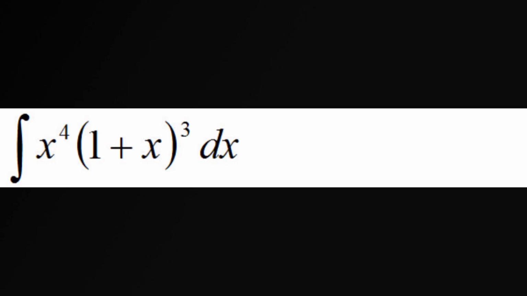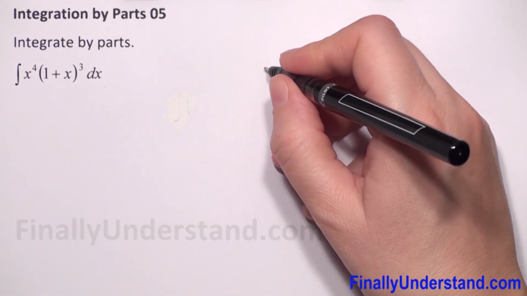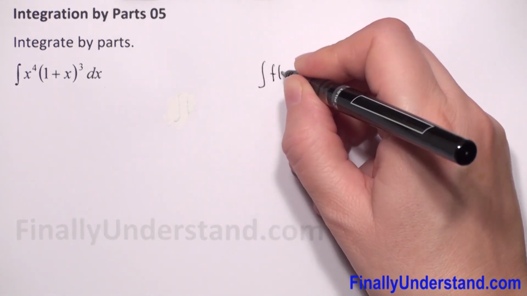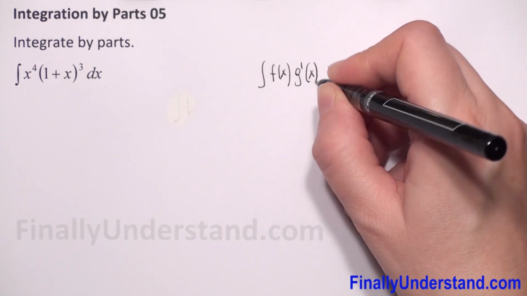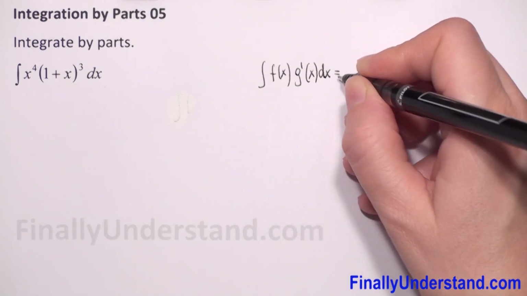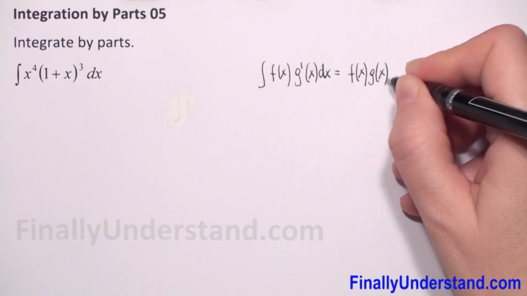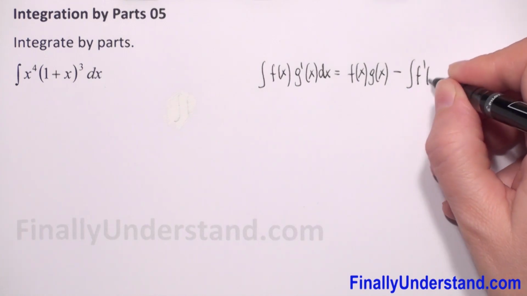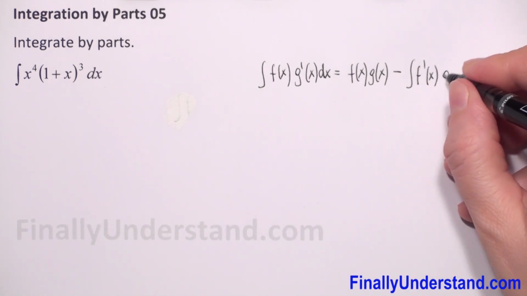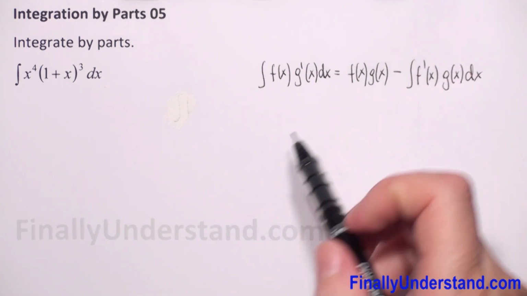First, let me remind you of the formula for integration by parts. Let me write this in the right corner. The integral of f of x times g prime of x with respect to x is equal to f of x g of x minus the integral of f prime times g of x dx.